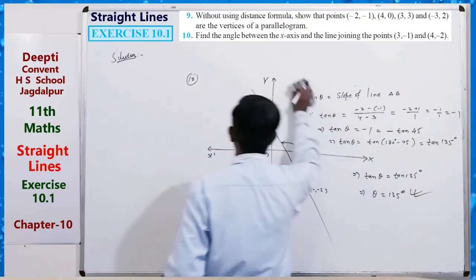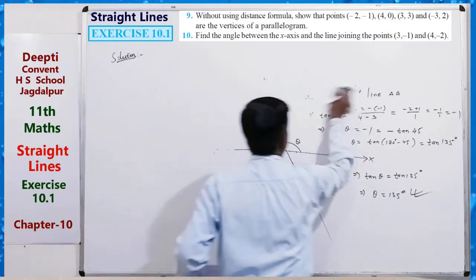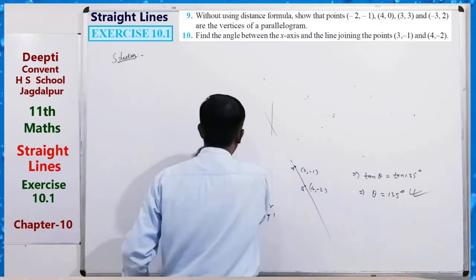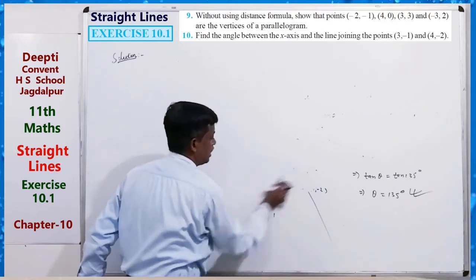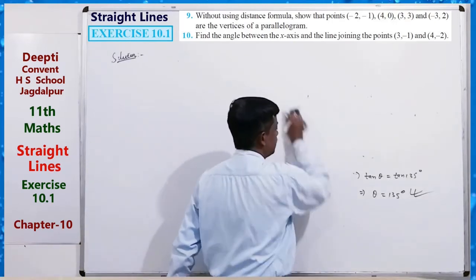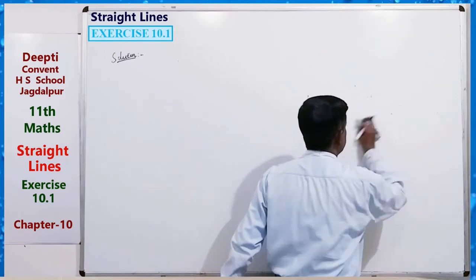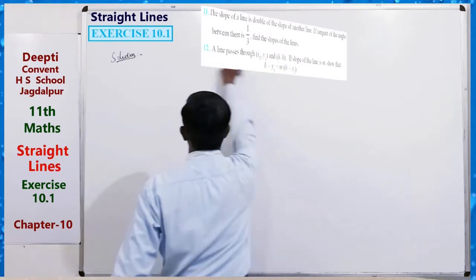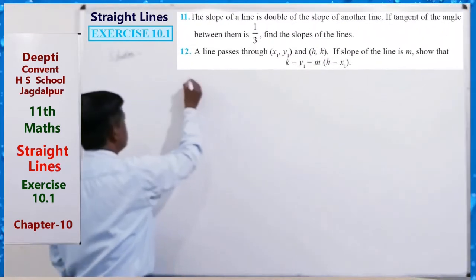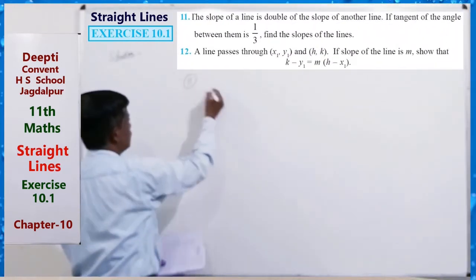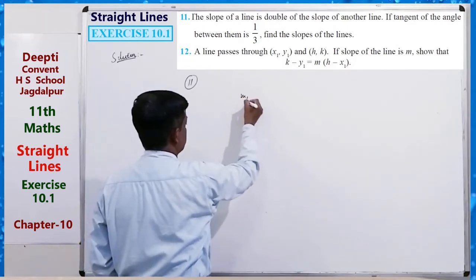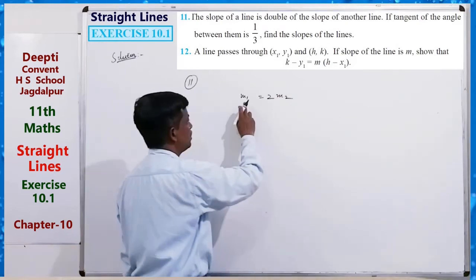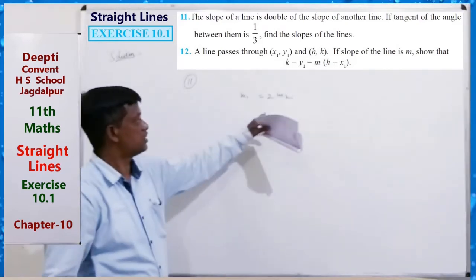So it is also a simple question. Question 11. How can you find the angle between them? The slope of one line is double the slope of the other line. Suppose m1 equals 2 times m2. The slope of the first line is m1, the slope of the second line is m2.